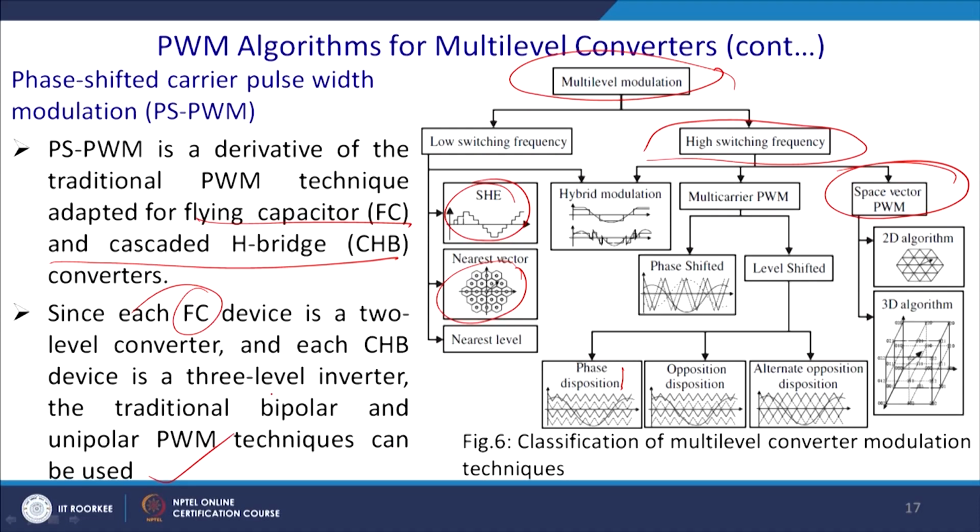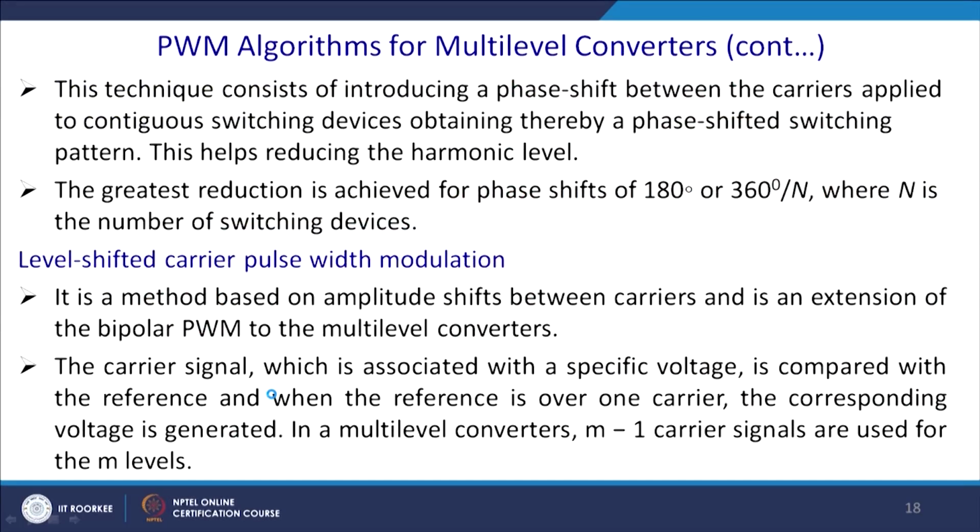So, this is the catch here. Apart from that, this technique consists of introducing a phase shift between the carriers applied to the contiguous switching devices, obtaining a phase shifted switching pattern that helps reduce the harmonic level. The greatest reduction is achieved when the phase shift is 180 degrees or 360 by n, where n is the number of levels, number of switching devices.